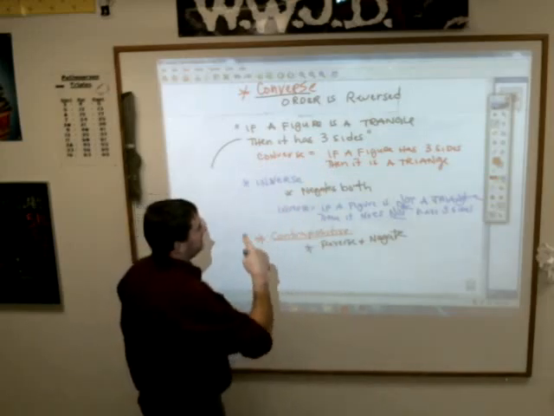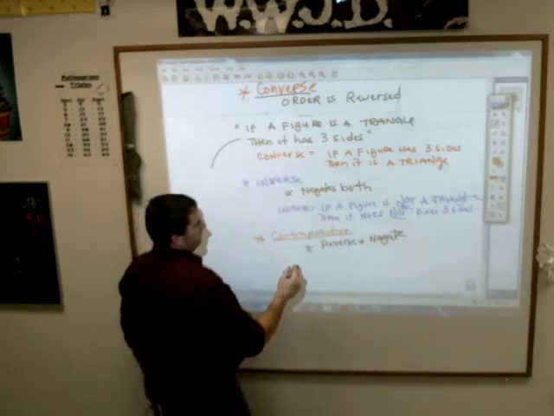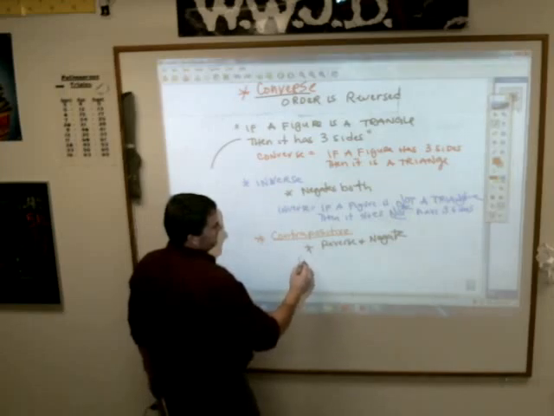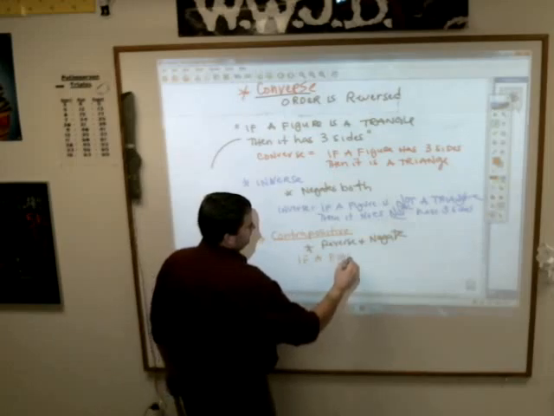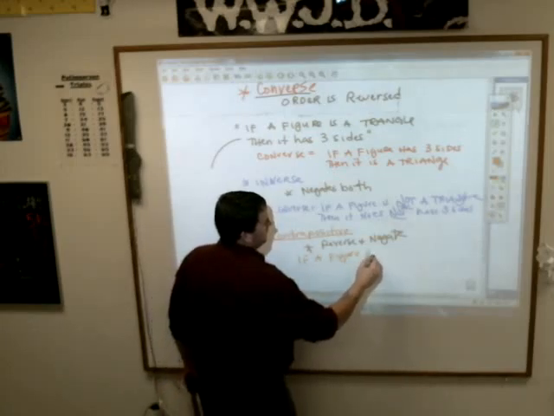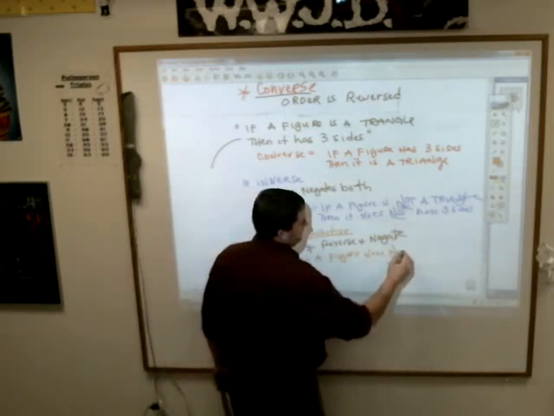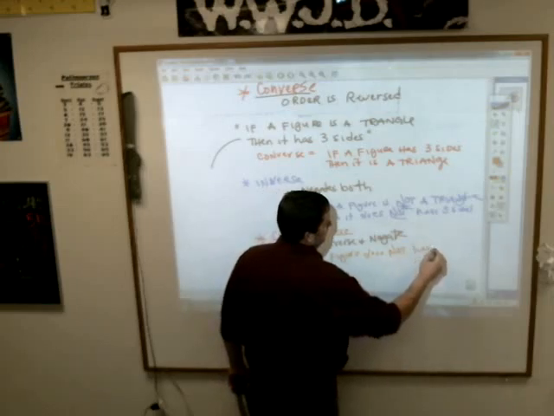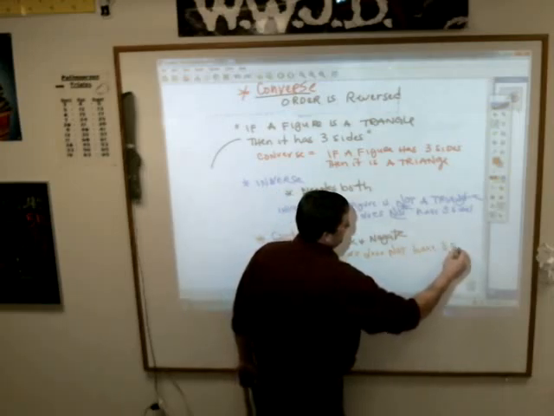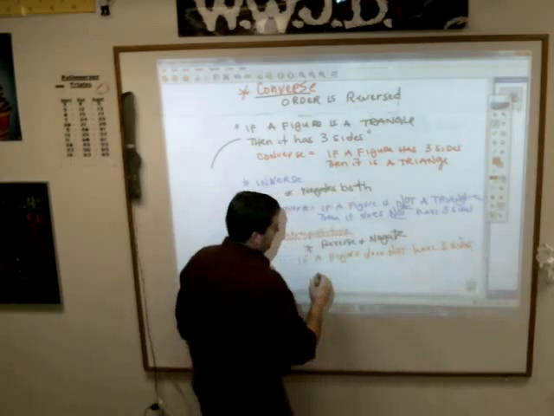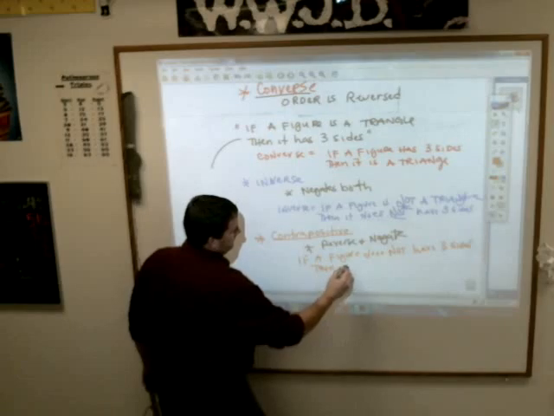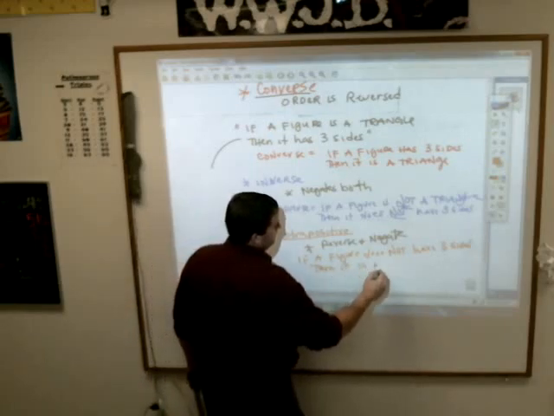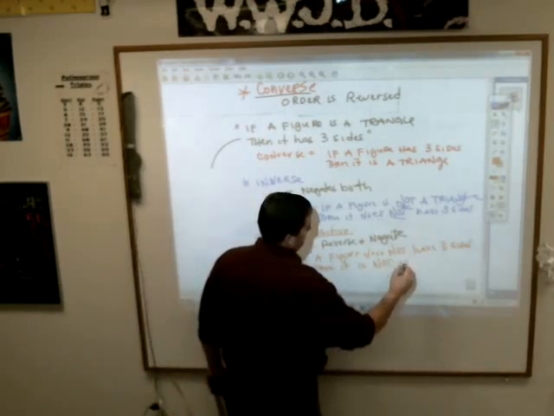You have to negate the second one, which is if a figure does not have three sides, then it is not a triangle.